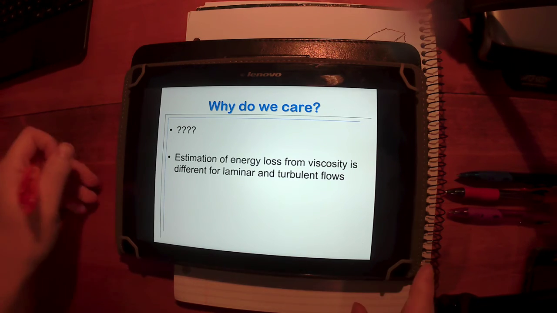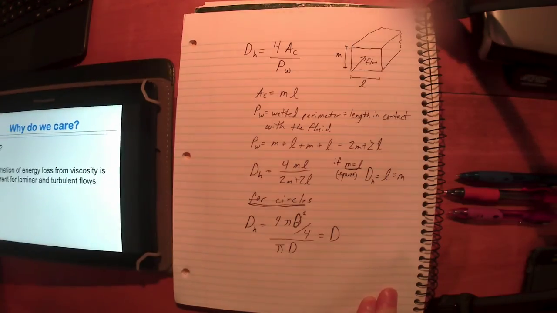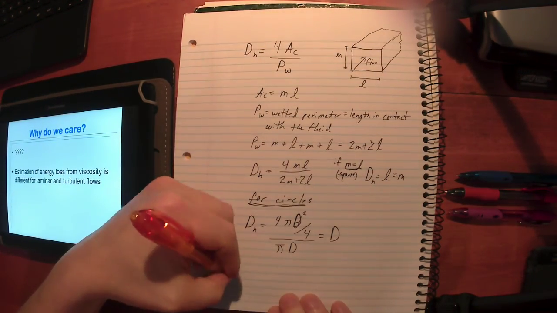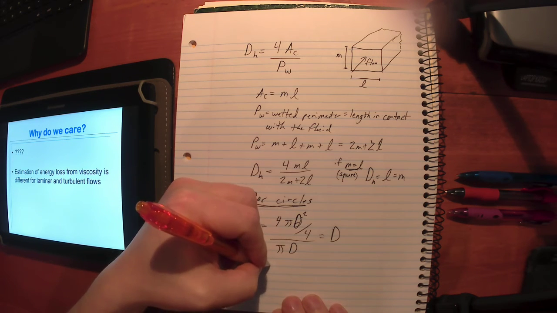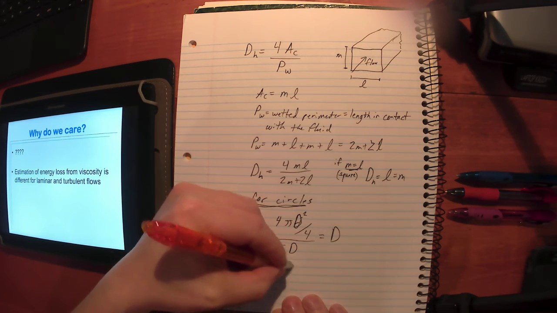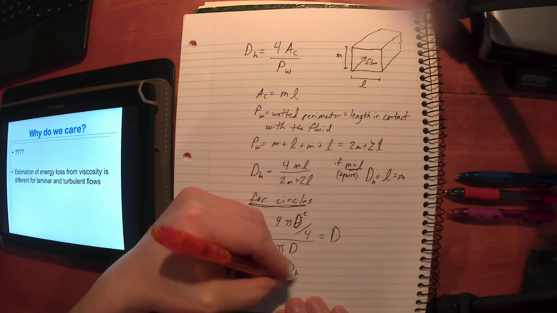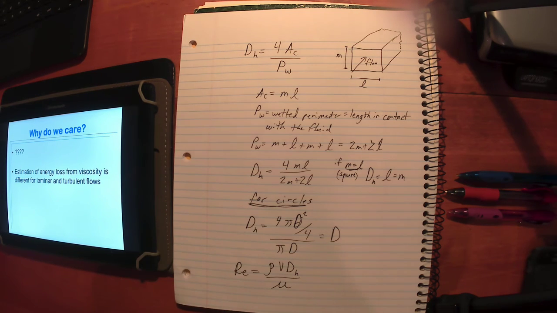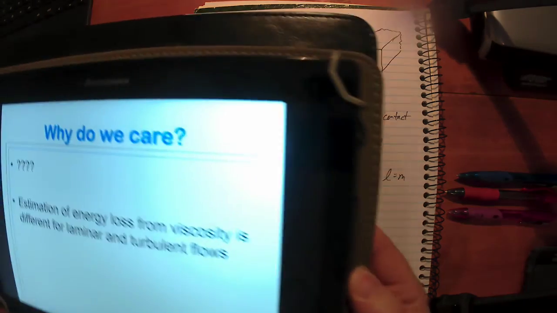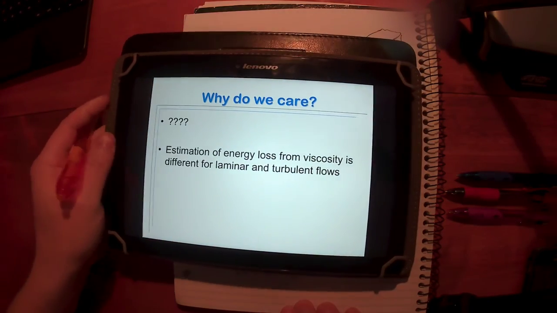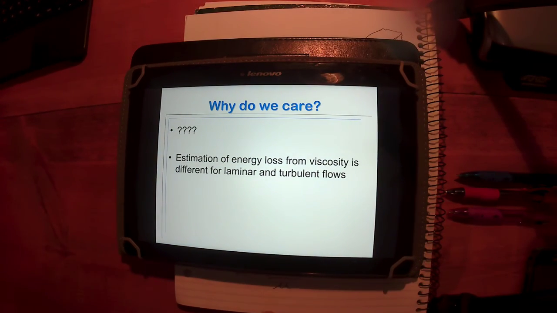Okay? And again, the Reynolds number, which is what we're going to use to predict whether the flow is laminar or turbulent, is going to be rho v times this hydraulic diameter divided by the viscosity. This value will give us a prediction as to whether we're dealing with laminar or turbulent flow, because I need to use different energy models to try to estimate the loss associated with that.